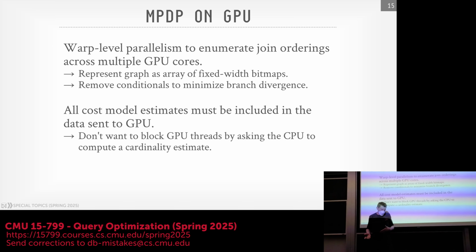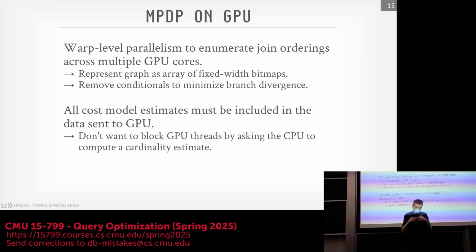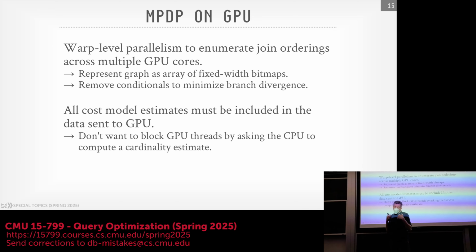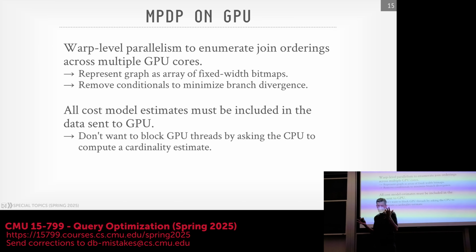So the paper doesn't talk about it, but the other one does, where you basically have to package up all the estimates for any possible join you're going to consider down below. That has to get sent down to the GPU with you. That way, all the computation and analysis is localized in the GPU, and you never have to go back to the CPU until you say, here's our computational result, or give me more work to do.